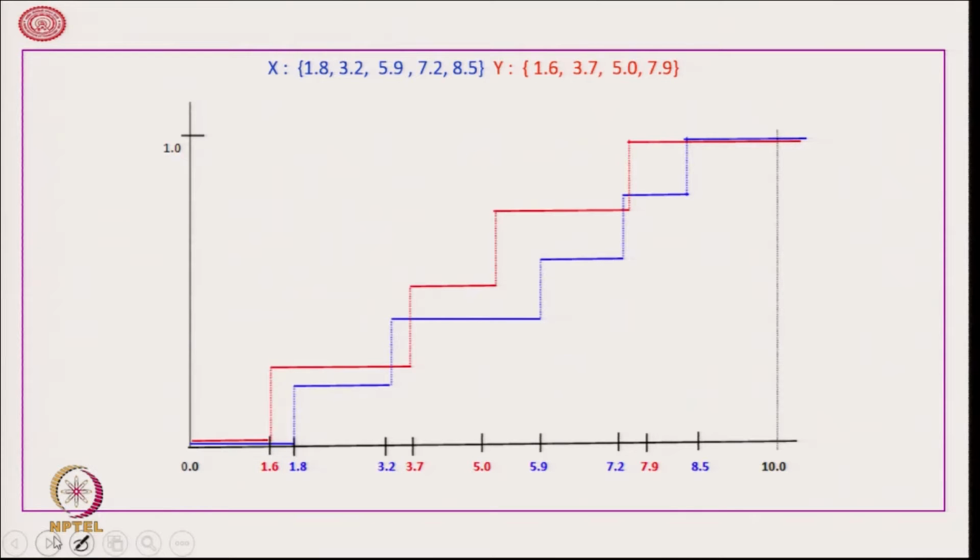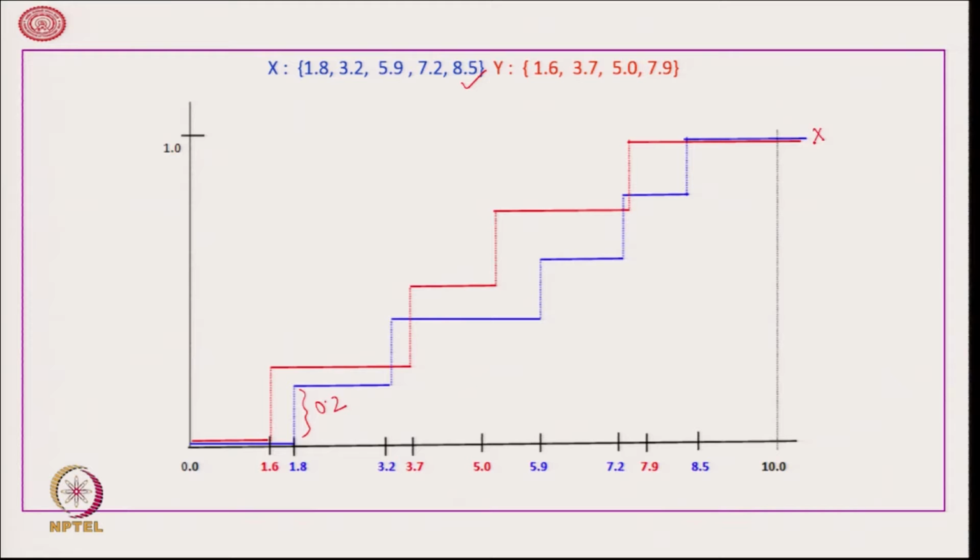Here you can see for x we have the blue colored cumulative distribution function based on the sample. If we assume all of them are equally likely, then each one of them causes a jump of 0.2, and after the fifth order statistic it attains the value 1. So, the blue one is for x.